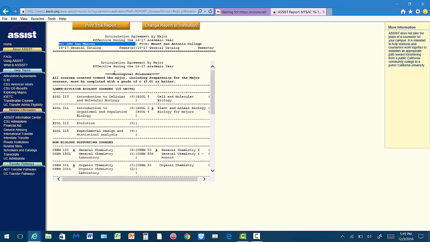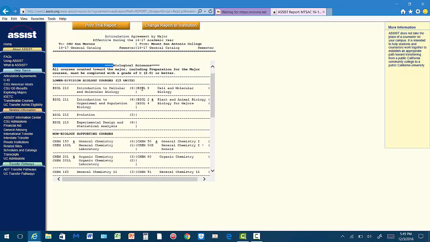So for this major, biological sciences, if one takes Biology 8 at Mount San Antonio College, that equates to Biology 210. That means after transfer, one doesn't have to take Biology 210. One gets a credit. If one takes Biology 2 and 4, that's equivalent to 211 at San Marcos. So one takes as many of these classes as possible.